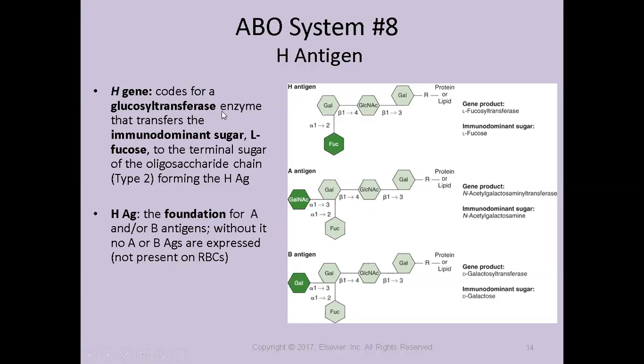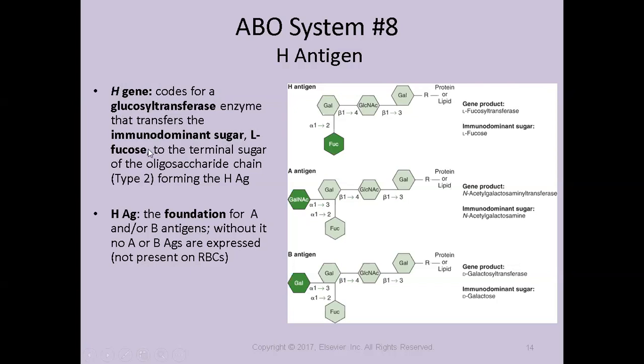glucosyltransferase. When we look at this type of enzyme, a transferase, this is an enzyme that transfers a certain sugar, which we'll call the immunodominant sugar, to our basic oligosaccharide chain, our type 2 chain, to form the H antigen. So this transferase that the big H gene codes for actually transfers a sugar called L-fucose.